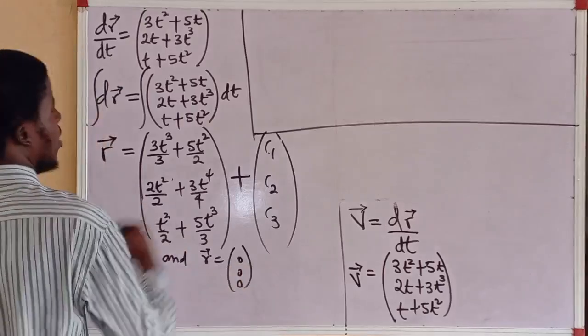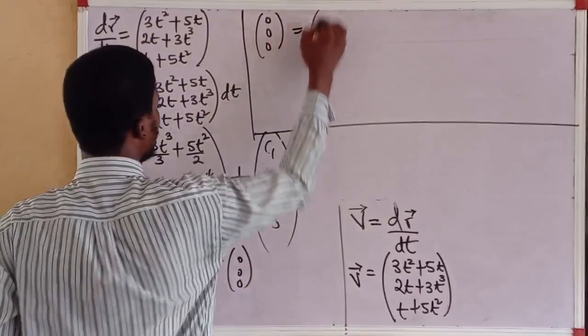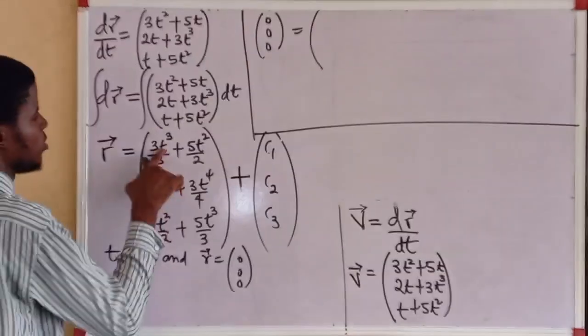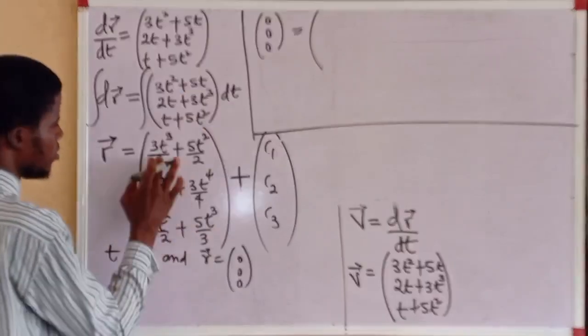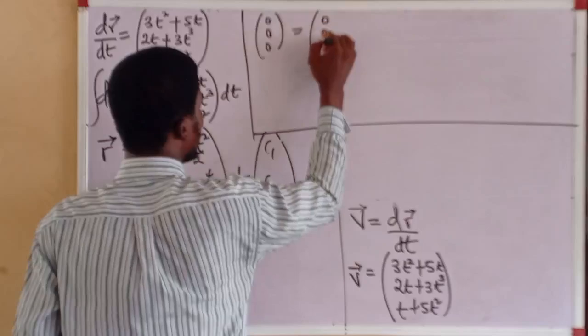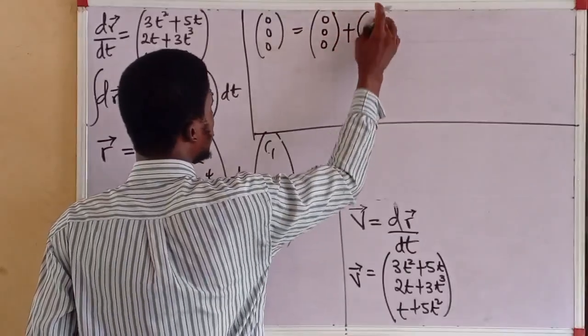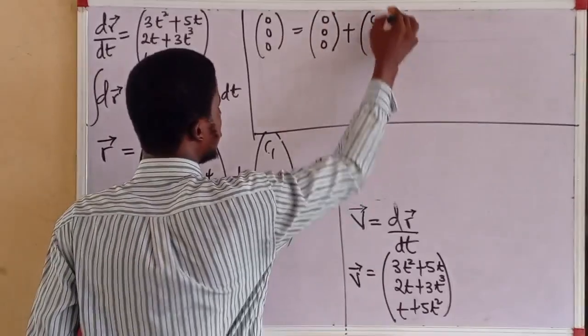So let's plug this here. If I put 0 for t in this vector, everything will be 0, 0, 0, plus the vector c1, c2, c3.